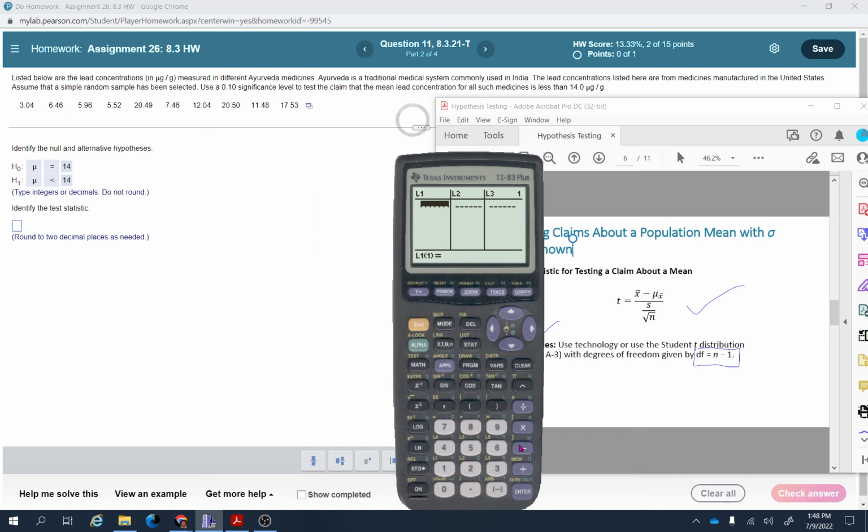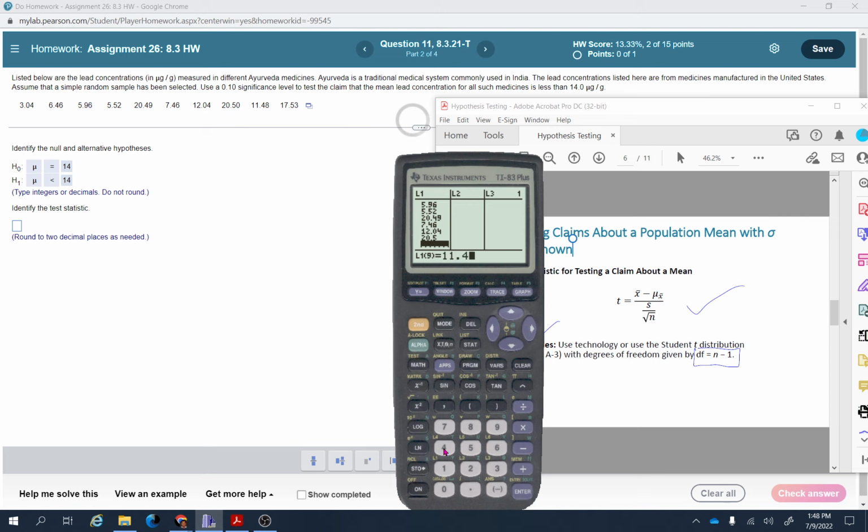The data is 3.04, 6.46, 5.96, 5.52, 20.49, 7.46, 7.46, 12.04, 20.5, and 11.48.